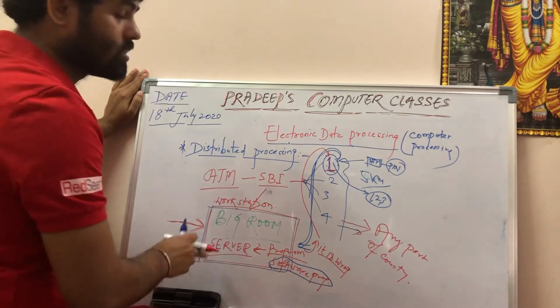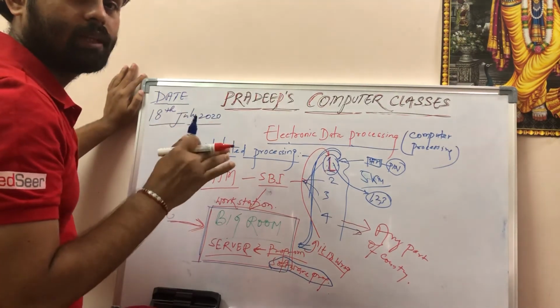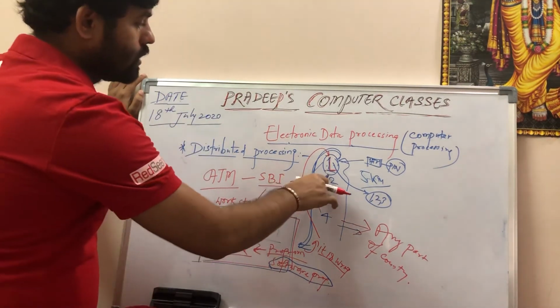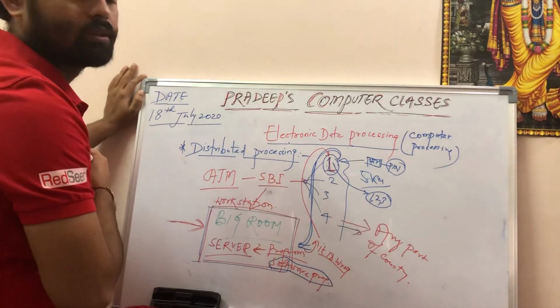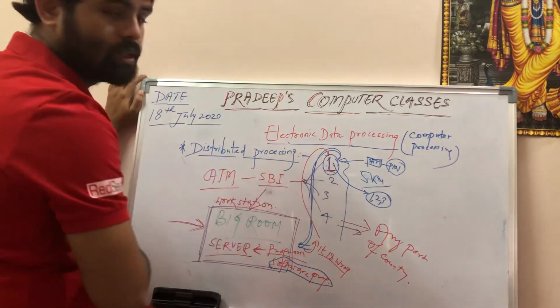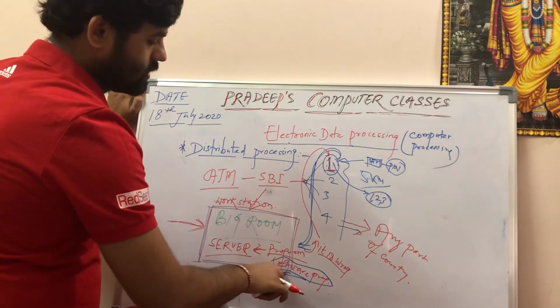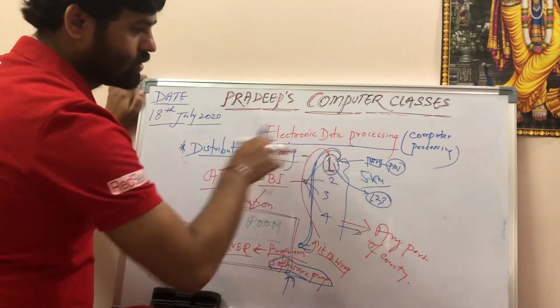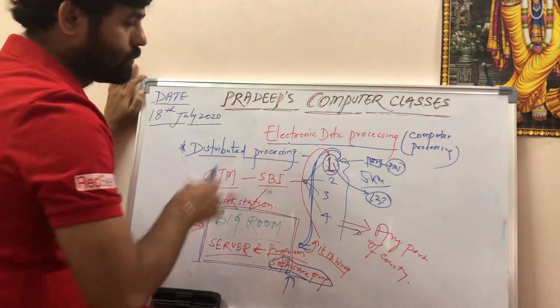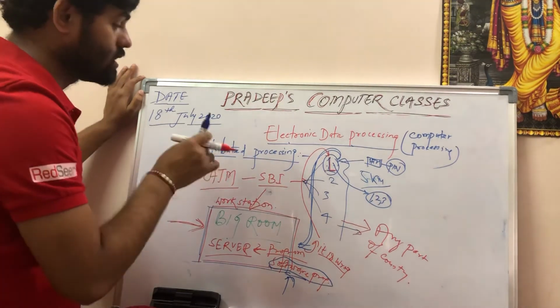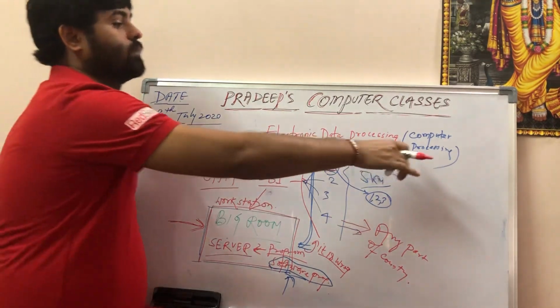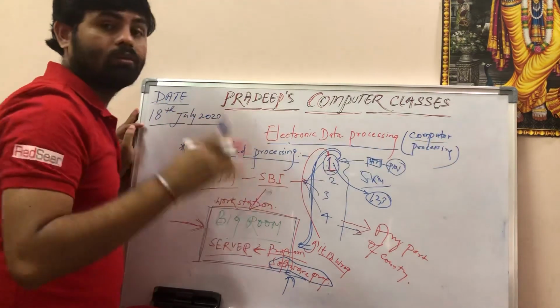It is present at some other location, might be Mumbai, might be Delhi. But you are doing the transaction in the Gavardia location, or the Madhubani location, and you are able to get the error. They are able to find that the user is wrong or the PIN is wrong. So this is the distributed processing. See the computer approach, how the computer is working.